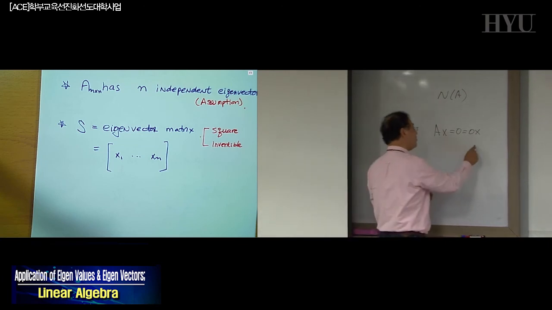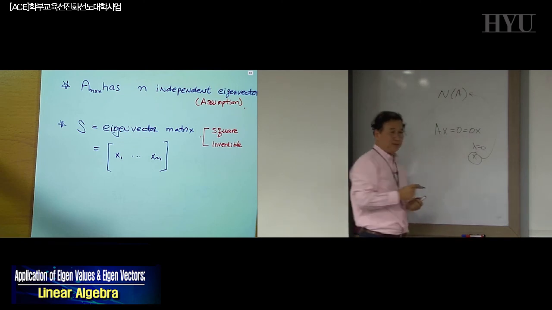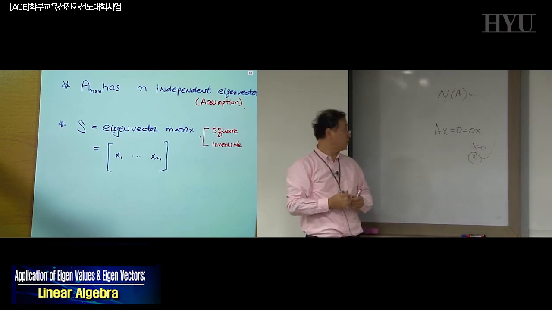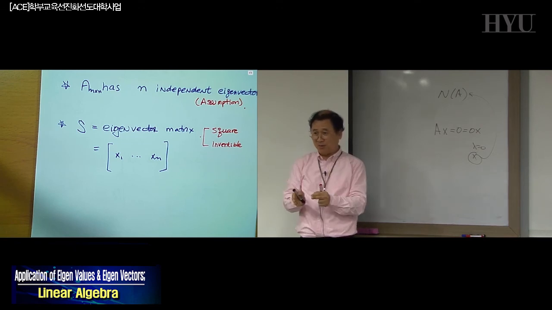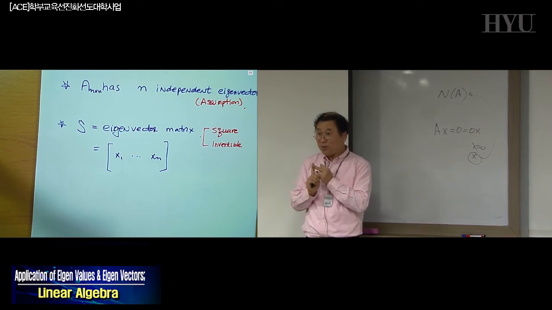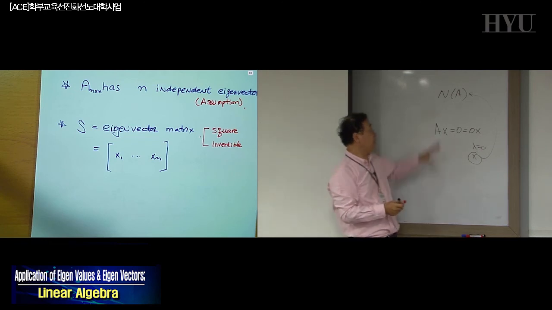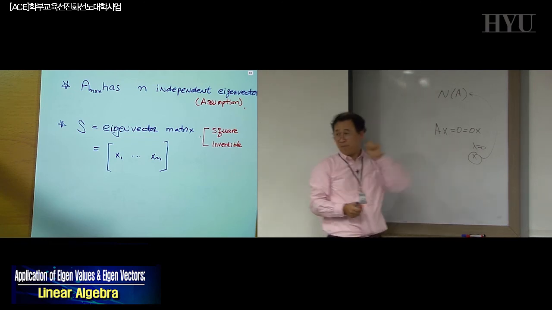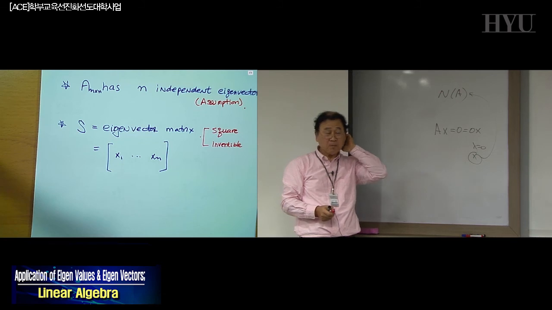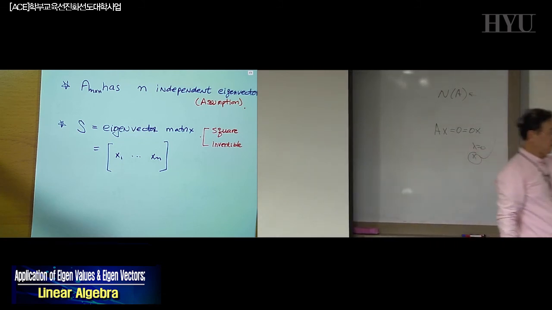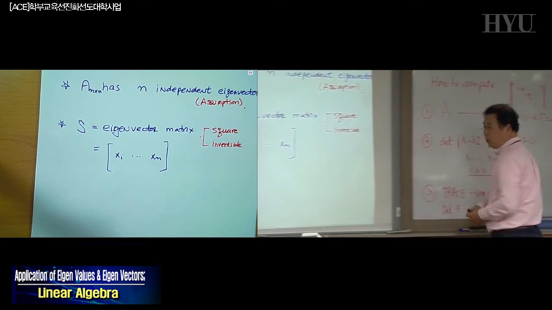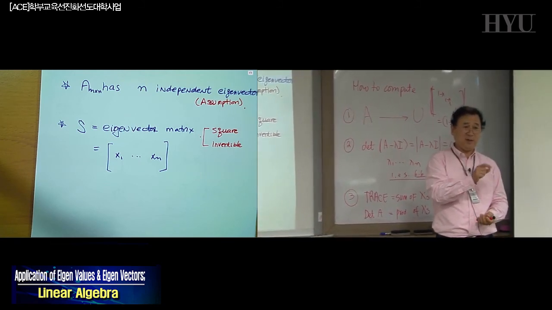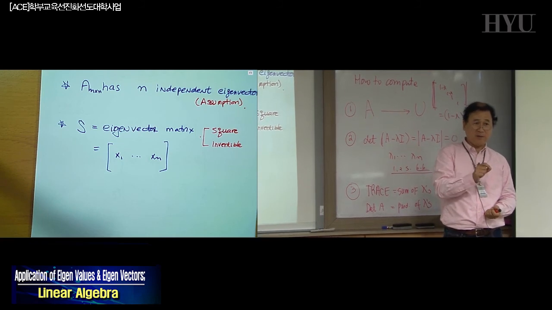In the case lambda equals 0, this x is in the null space, right? So when matrix A is singular, lambda equals 0 is an eigenvalue. Also, every vector in the null space is an eigenvector. So there are 3 different ways. When you use the properties, sometimes you can easily find eigenvalues.